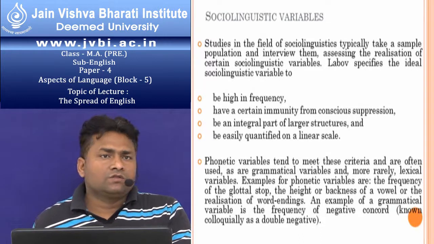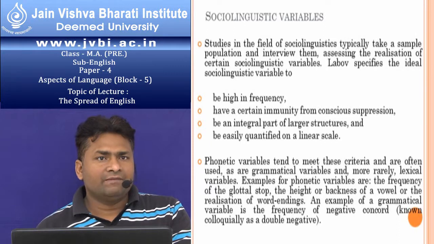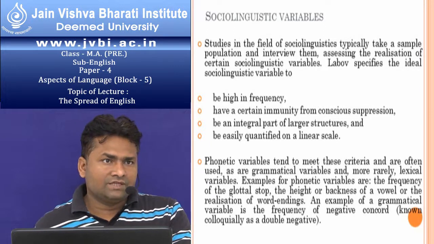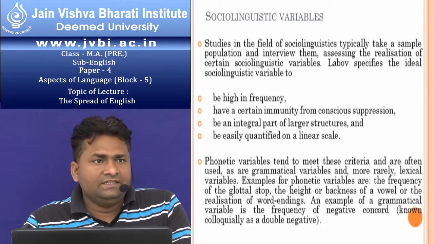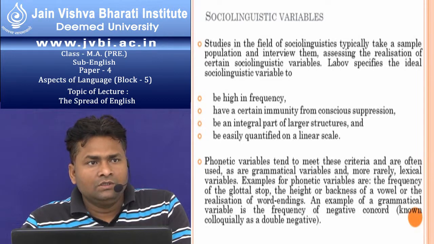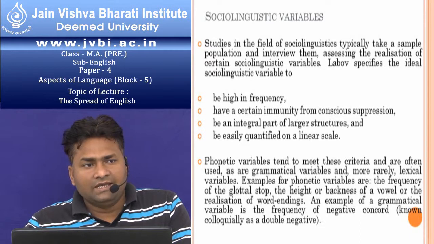Studies in the field of sociolinguistics typically take a sample population and interview them, assessing the realization of certain sociolinguistic variables. Labov specifies the ideal sociolinguistic variable to be high in frequency, of a certain immunity from conscious suppression, be an integral part of larger structures, and be easily quantified on a linear scale.